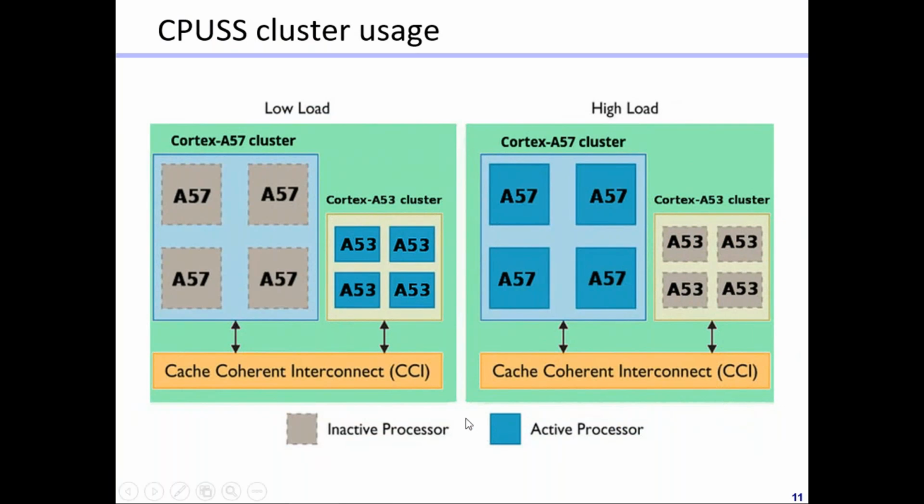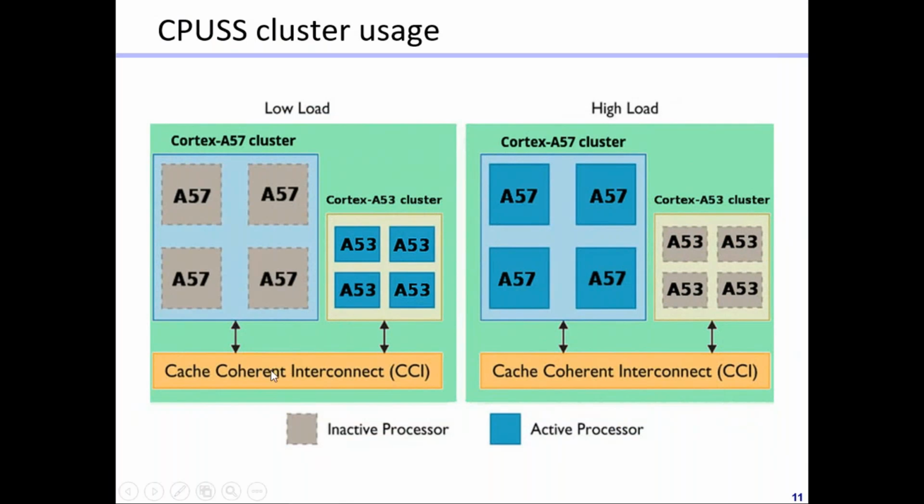Sorry. Between two clusters, I understood CCI will help for cache coherency. But within the same cluster, suppose L2 and L3 have different data, how will the coherency be taken care of? No, you mean L1 and L2 or L2 and L3? L2 and L3, sir.